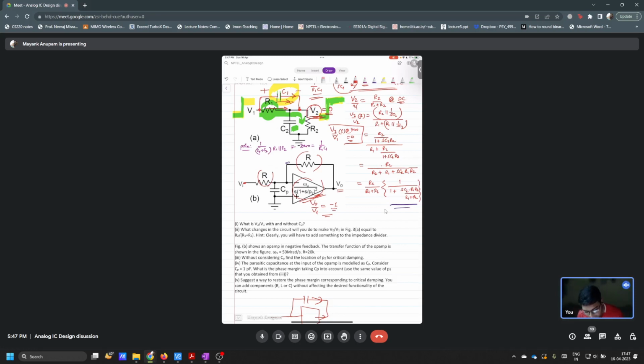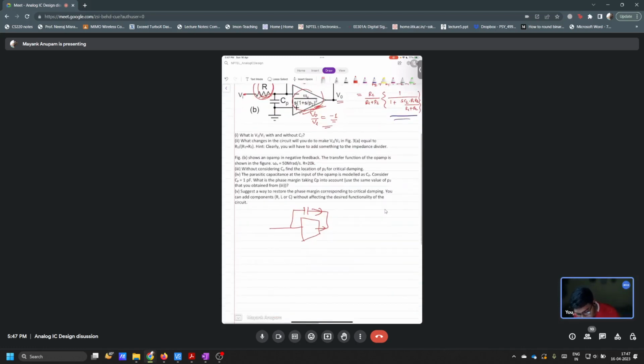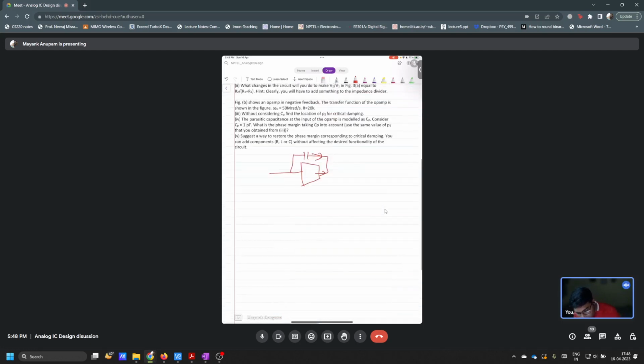So what could be the reason of that? Due to the resistive load, let's say this resistance was accounted for. So how do you find phase margin in this case? How do you find the open loop gain? So you do this, right? This is your op amp, and this was the resistor.